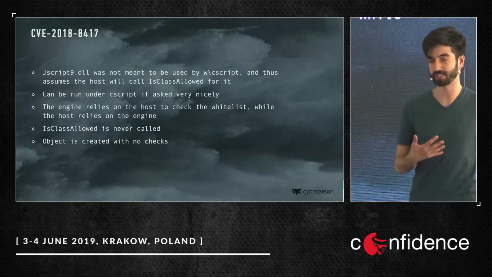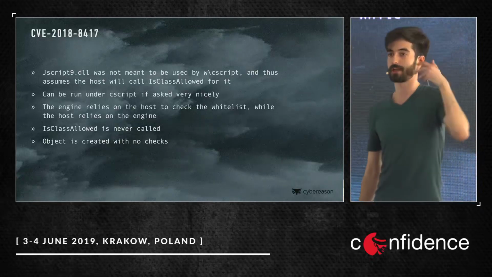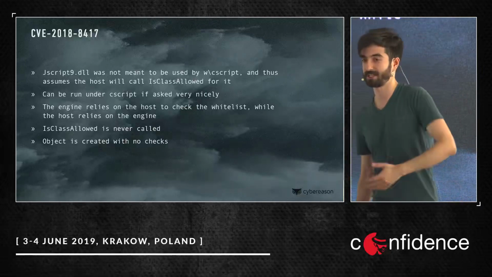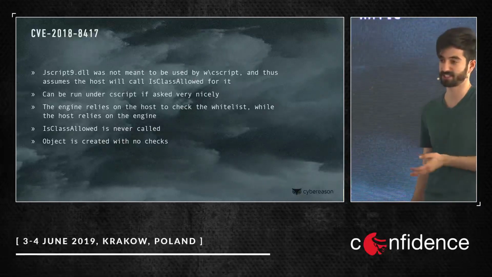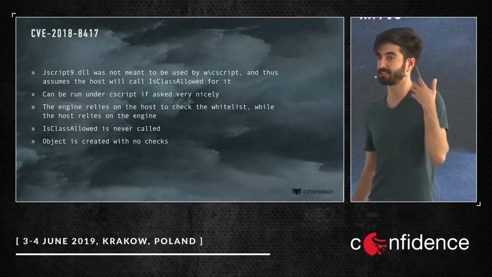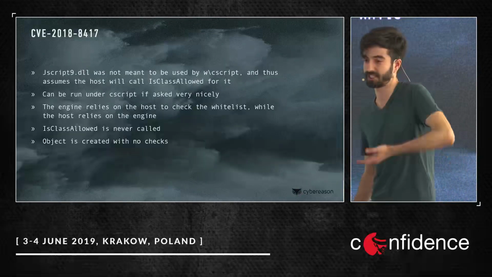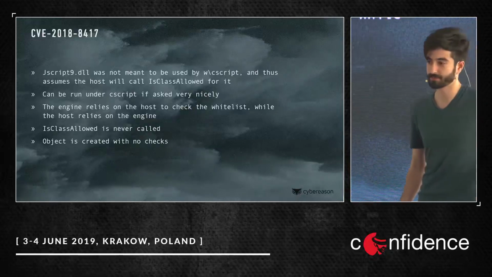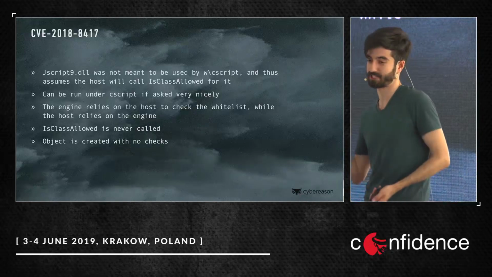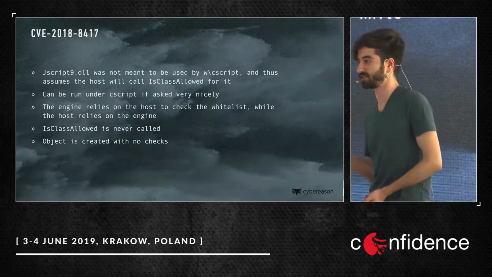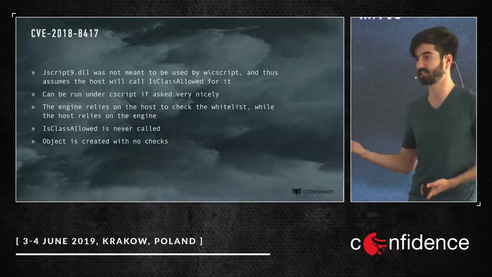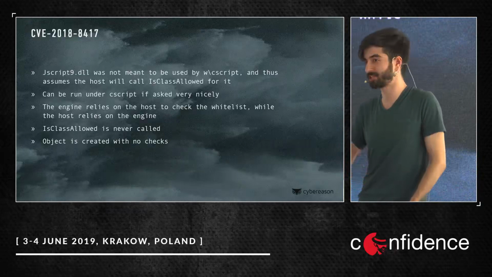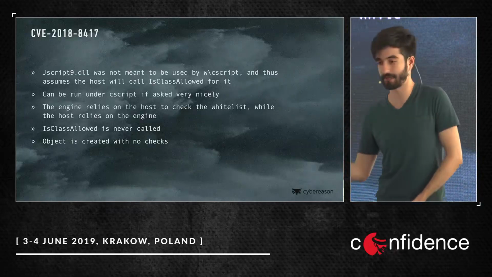Now, this is how it works naturally, but as I've said before, every scripting engine should be able to work with any scripting host because of the ActiveScript interface implementation, meaning that there's really nothing prohibiting me from using one type of implementation with the other. So the developers of JScript9 never thought that it's going to be used outside of MSHTML as a scripting host, meaning that they don't check for themselves if the class is allowed.